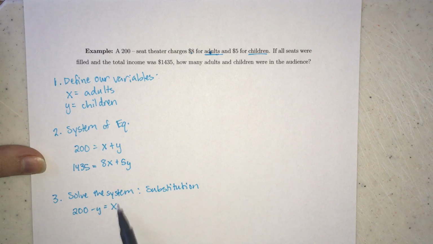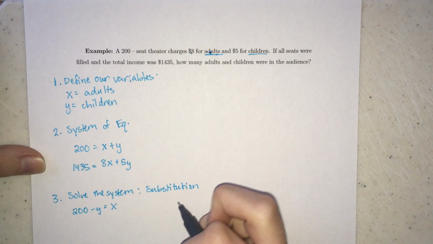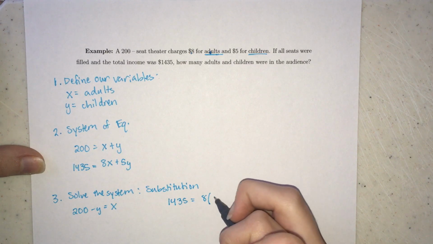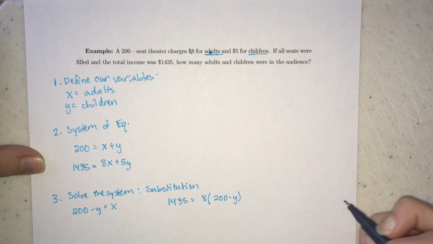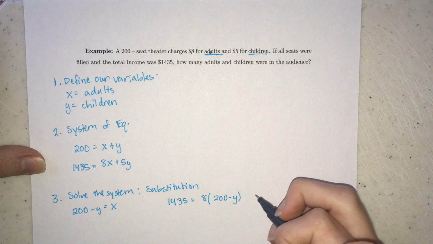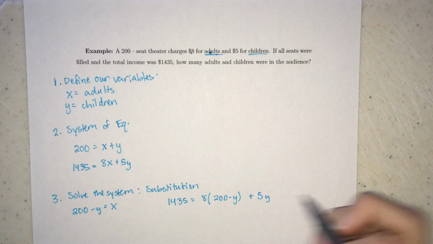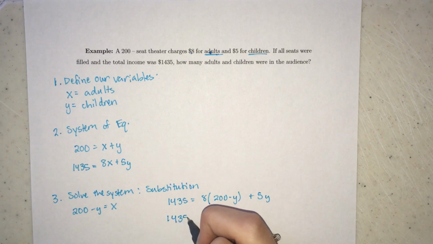And I can plug this into the second equation. So I'd have 1435 equal to 8 times 200 minus y plus 5y.